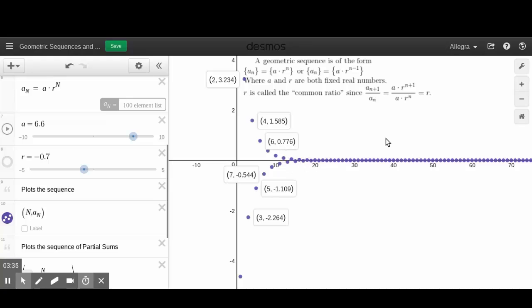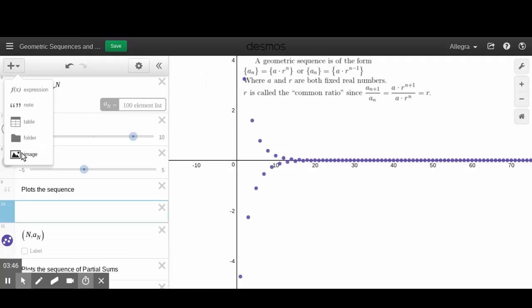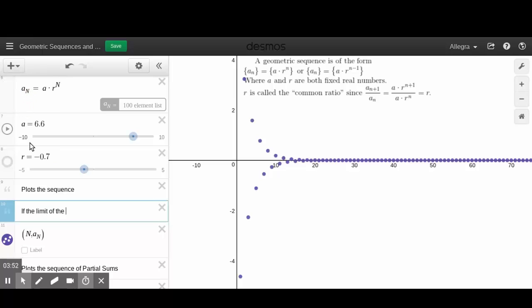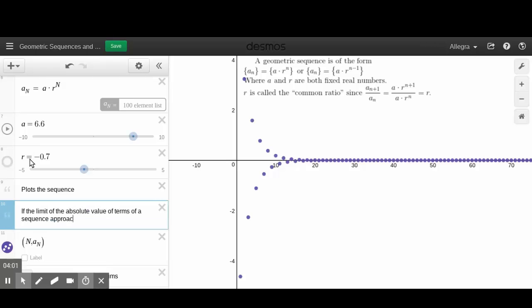And applying a theorem, there's a theorem that states, and this is one of the ones you found in the text, that if the limit of the absolute value of terms of a sequence approaches 0, so converges to 0, then the original sequence must also approach 0. And I can obtain this result via a squeeze theorem argument.